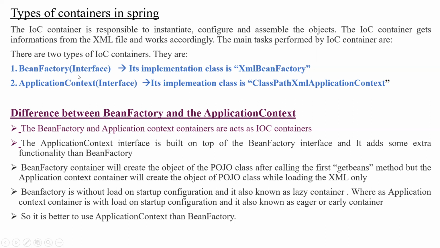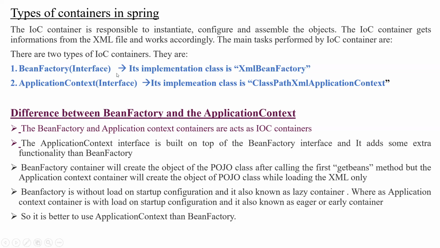For example, take a List. Can you use a List directly? You cannot create an object of List. But if you want to make use of a List, you have to create an object of its implementation classes, such as ArrayList, Stack, and Vector. Similarly, Bean Factory is a container which is an interface, but to make use of this container, you have to create objects of its implementation class.